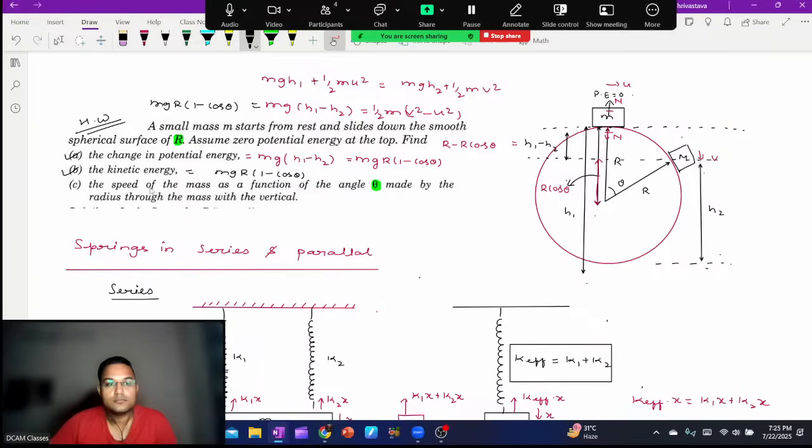But they have given it starts from rest, so the initial velocity is 0. Putting this in the equation, we get half mv square equal to mgr into 1 minus cos theta. So v is equal to root over 2gr into 1 minus cos theta.